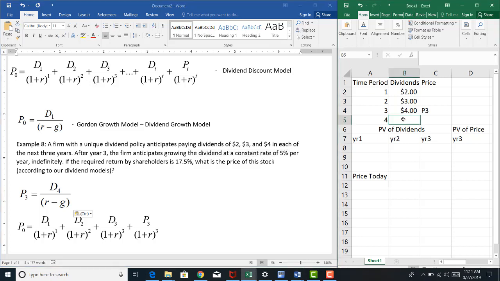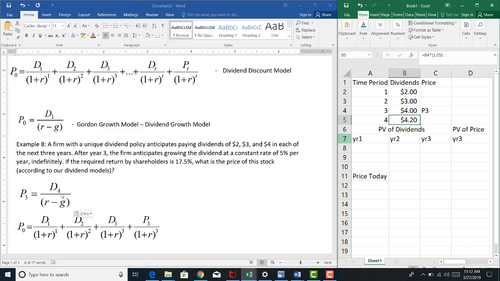Recall from earlier videos, I can say that the dividend in year 4 is going to be equal to D3 times 1 plus G, which is 1.05. Of course, the dividend in year 4 is 5% higher than the dividend in year 3.